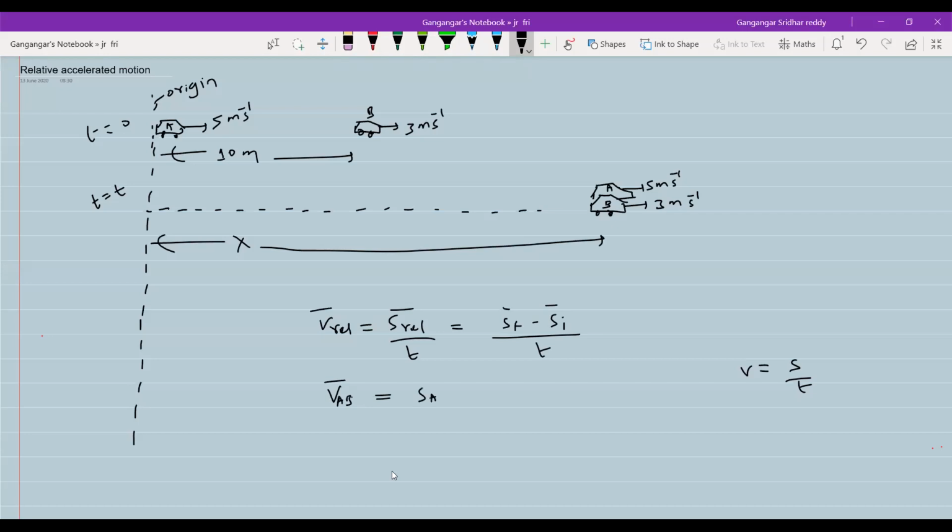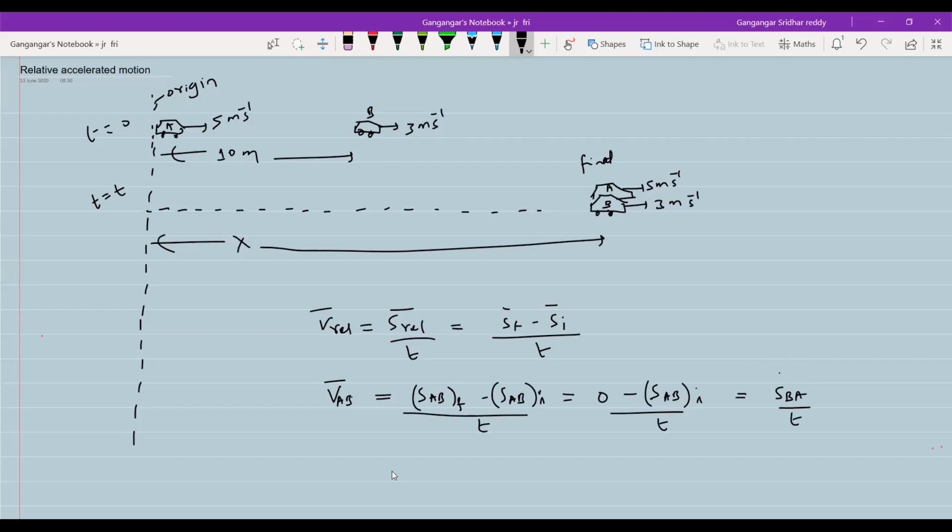VAB equal to SAB final minus SAB initial by time taken. Finally, both are at the same position, 0. So this will become minus SAB initial by time. You see, minus of SAB vector, you can write as SBA by T.